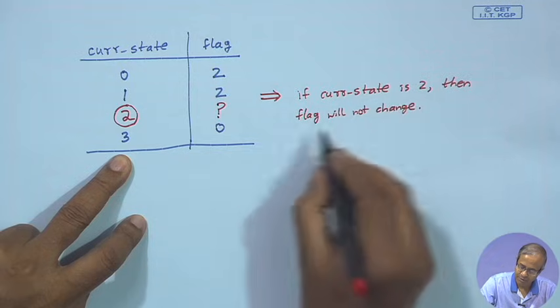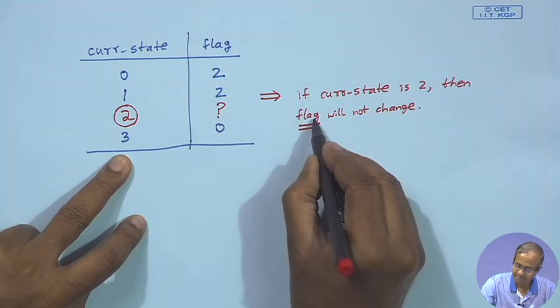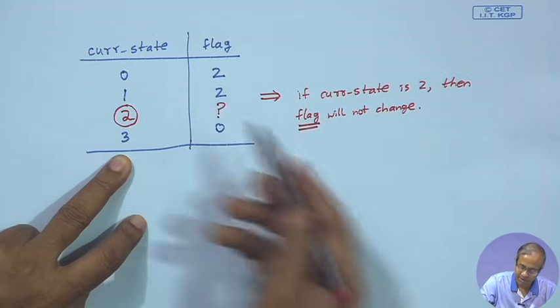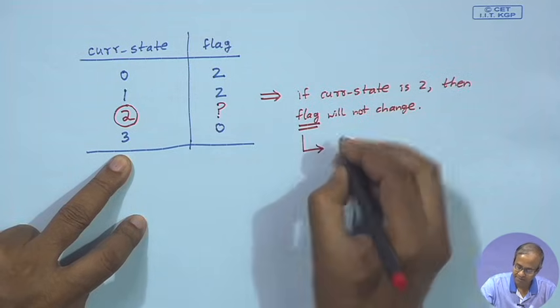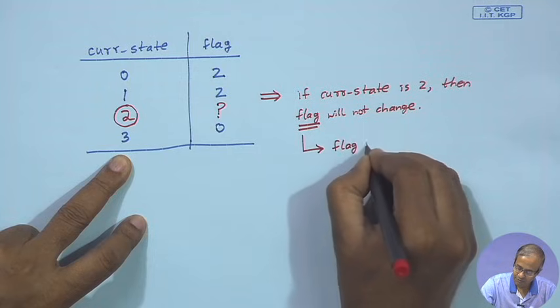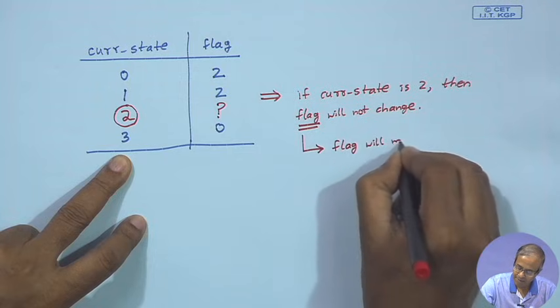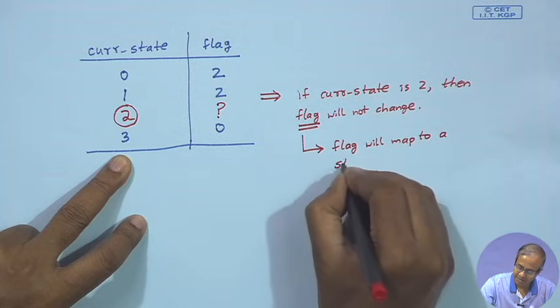Because we have not specified the value of flag, the interpretation will be the value of flag will remain what it was in the previous state, which implies that flag will map to a storage element.